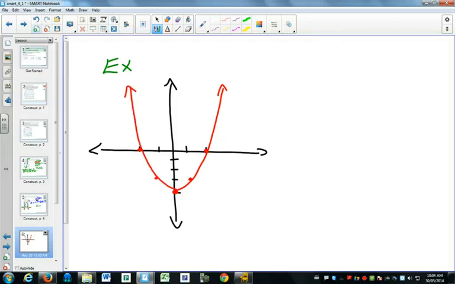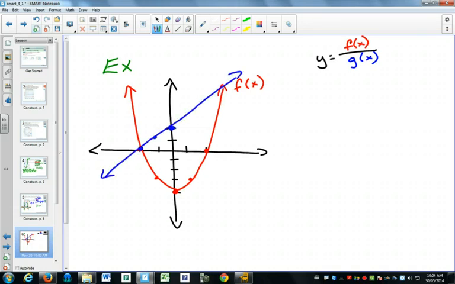It's a parabola. That'll be our red graph. We'll call this one f of x. We are going to graph f of x over g of x. G of x looks like this.